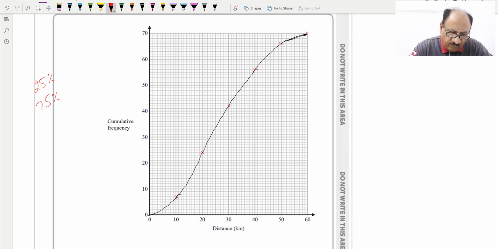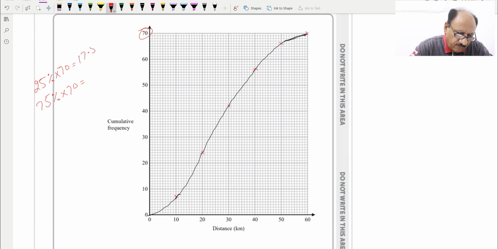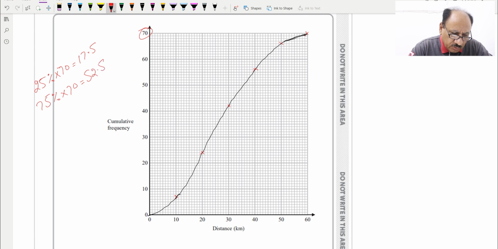So 25% of the total, which is 70: 25% of 70 will be equal to 17.5, and similarly we can calculate the 75th percentile of 70, which is 52.5.